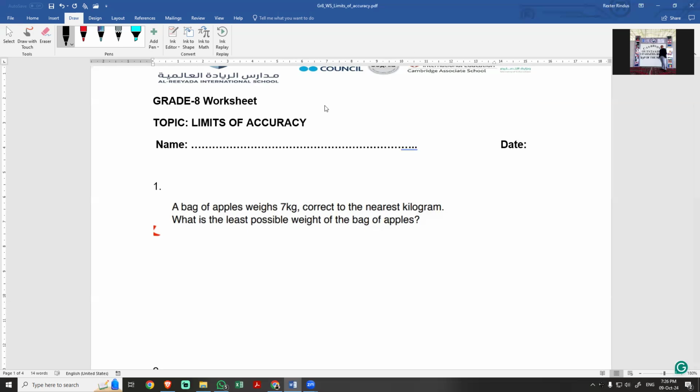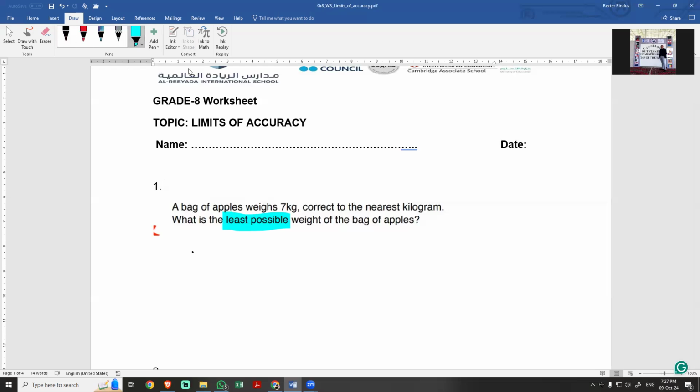So the question states here that a bag of apples weighs 7 kilogram corrected to the nearest kilogram. We have to find the least possible, so we are looking for the lower bound for this.